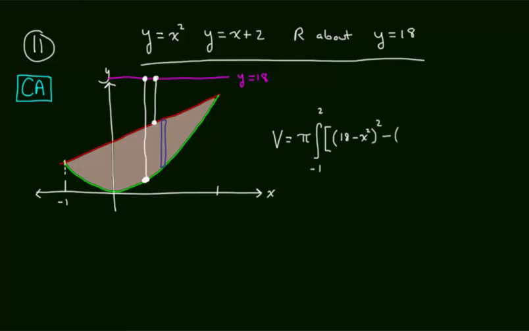Then I'm going to take away the inner radius, which is going to be 18 minus the line, x plus 2. I'll put that in parentheses. Then I'm going to square the inner radius. I'm going to close out the bracket, and then I have my width of dx.